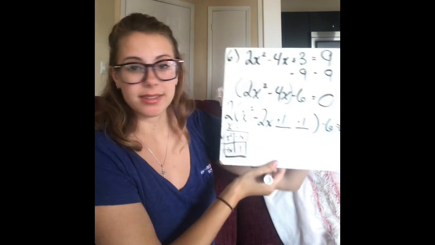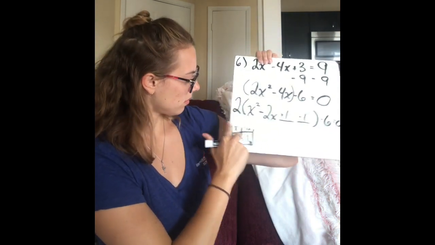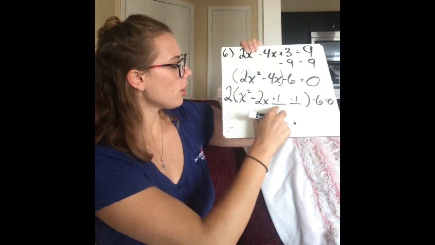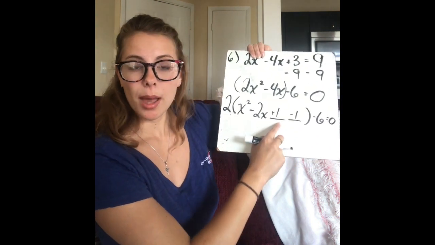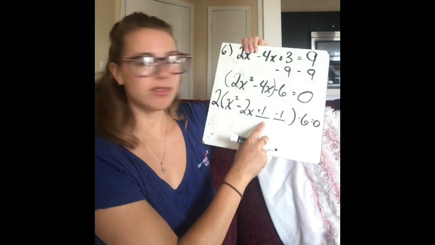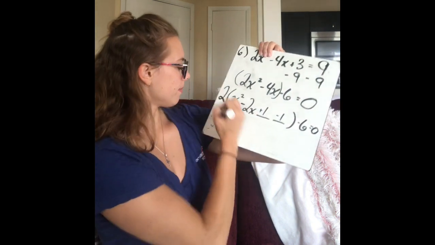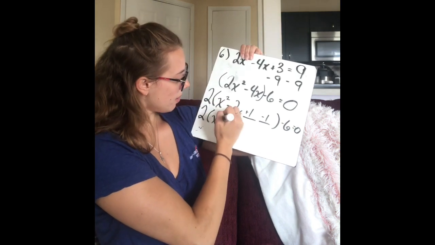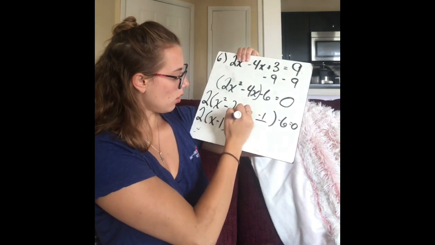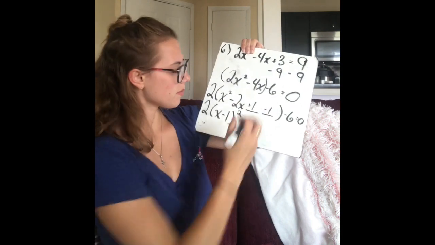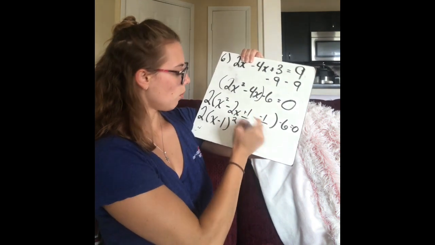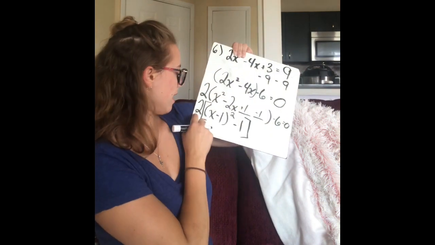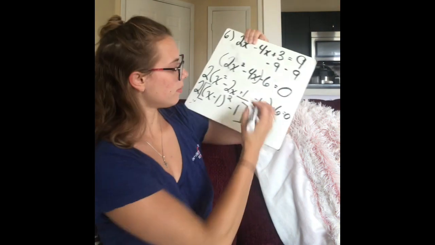I'm going to erase my box to make some space. So now this perfect square trinomial becomes x minus 1 squared. So I'll bring down my 2 because it was already here. 2 times x minus 1 squared minus 1. And this whole section is impacted by this 2.